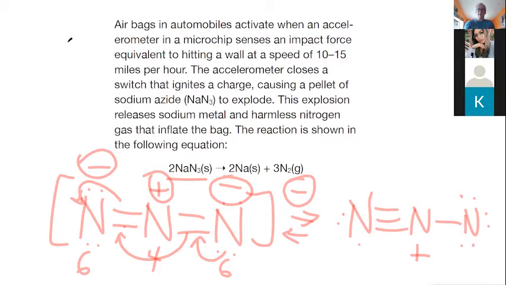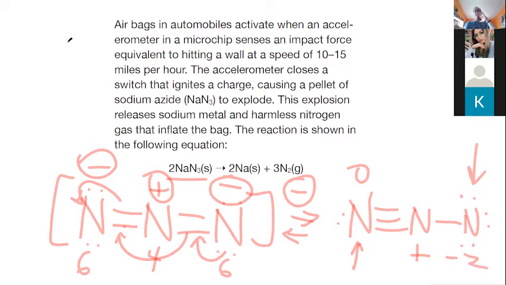What about this nitrogen? What's the charge on that nitrogen? 0. This one is 0 now. And what about the one on the end? -2. It's -2, right? Because it now has 7 valence electrons and it should only have 5 for -2.